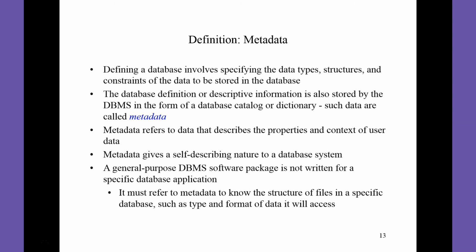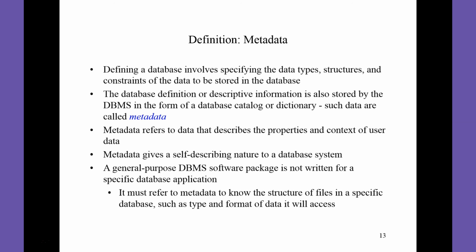It must make use of metadata in order to determine the structure of files in a specific database. Thus, metadata really pertains to the underlying structure of the data. When you design a database, you are specifying its metadata. When you populate the database, you are putting data into the database.